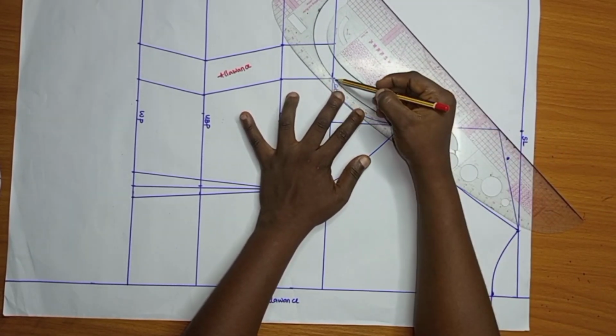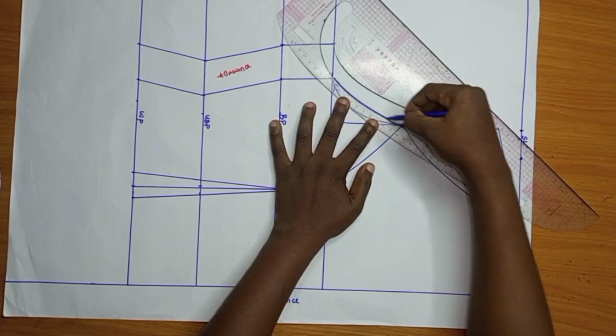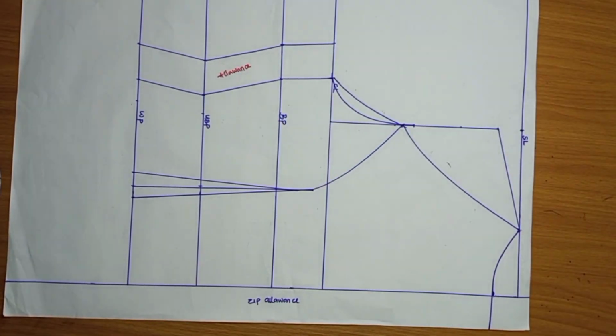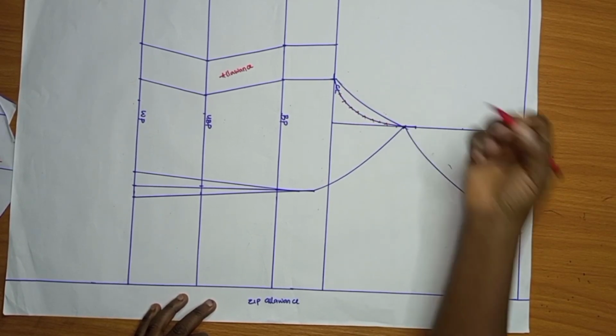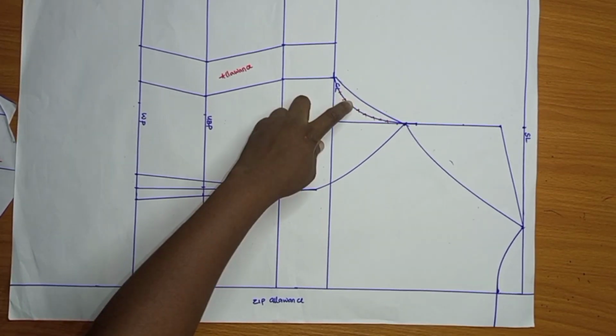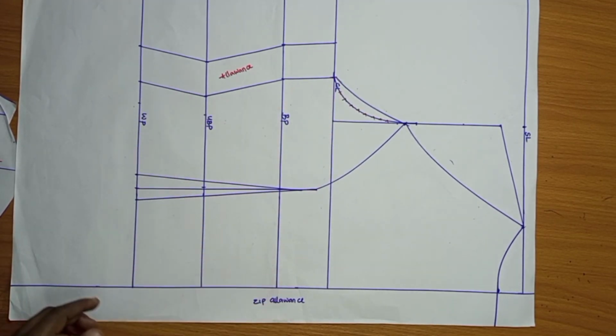So when I'm sewing it, I'm going to actually blend out any excess I'm going to have at this point. So I'll post the sewing tutorial and you understand what I'm trying to explain. So now that armhole is no longer needed. So this is my new armhole for the back part.